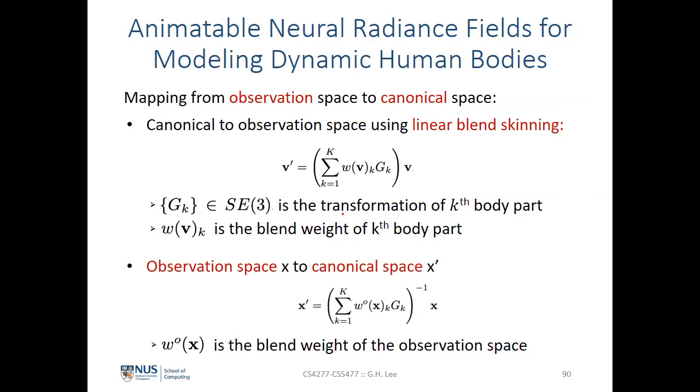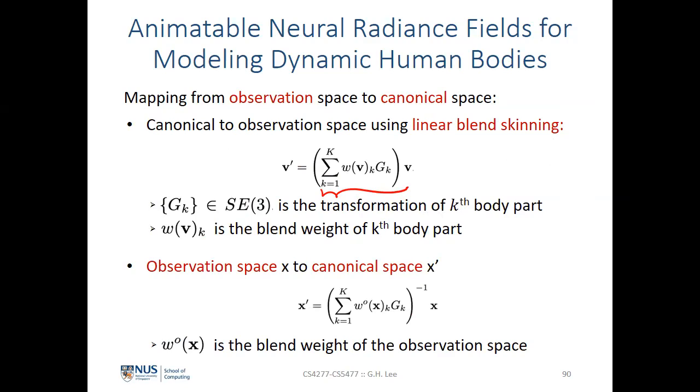So it will be a linear combination. This would basically be the transformation, and there will be linear blending weights. The blending weights are what I need to learn, and these blending weights are actually a function of v itself.